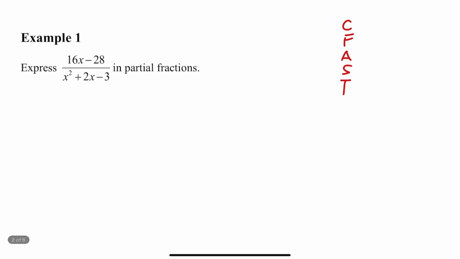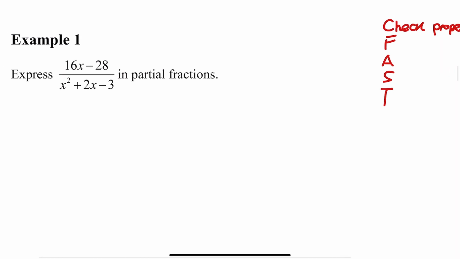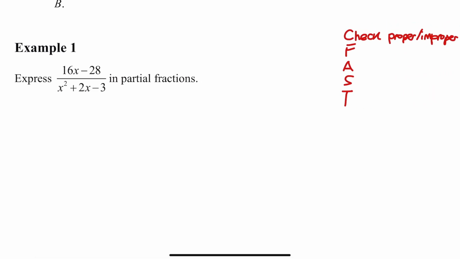Step 1, express this as partial fractions. Step 1 is check whether it is a proper or improper fraction. So how do I check? I look at my fraction over here. I notice that the degree of the numerator is 1 and the degree of the denominator is 2. So I've checked that this is a proper fraction because the degree of the numerator is less than the degree of the denominator.